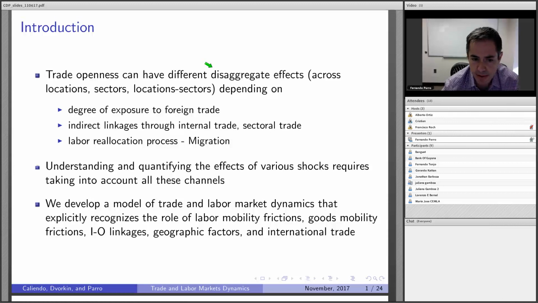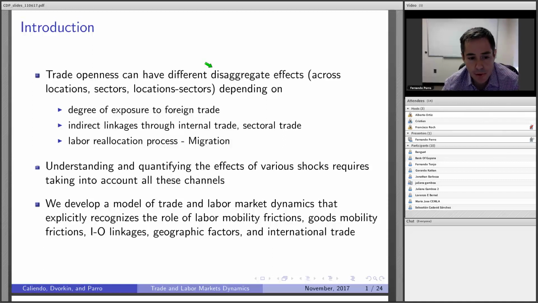And in this context, recent reduced form studies have provided substantial, robust evidence on the differential impact of trade shocks across local labor markets. And maybe the most prominent paper on this is the paper by Autor, Dorn, and Hanson that finds substantial differential impact of China's trade expansion on the US labor markets.